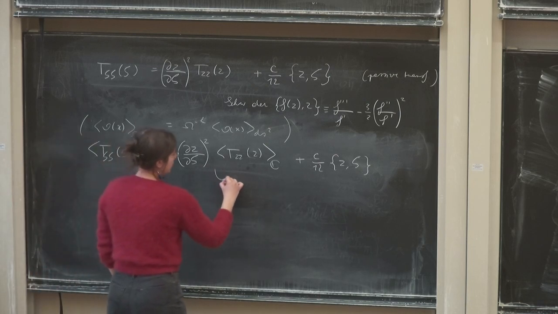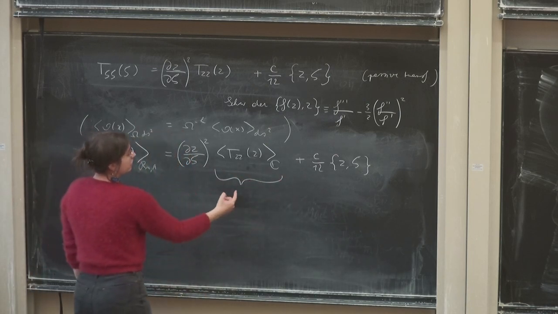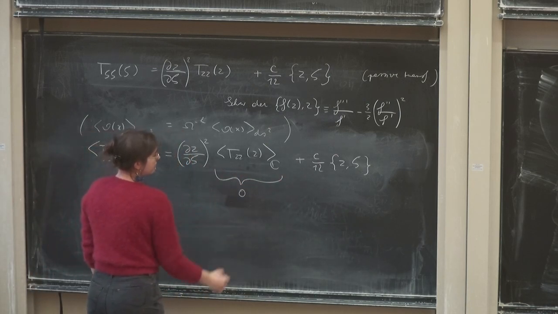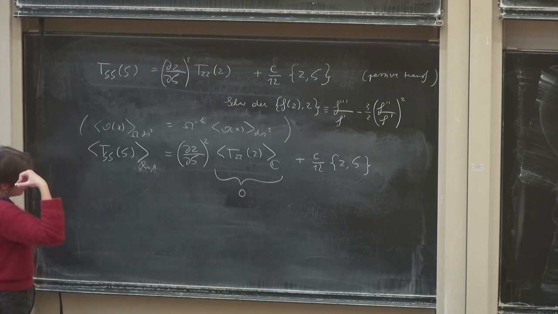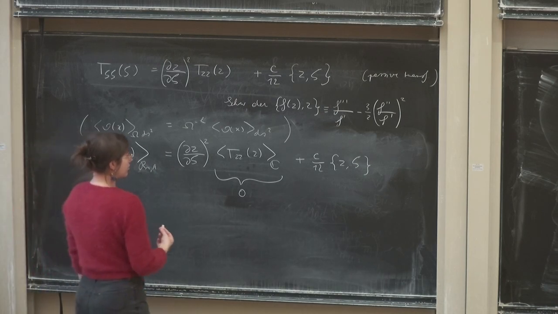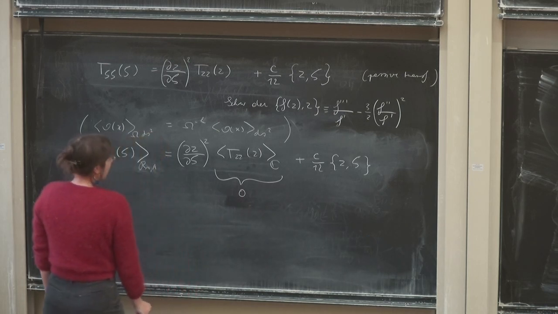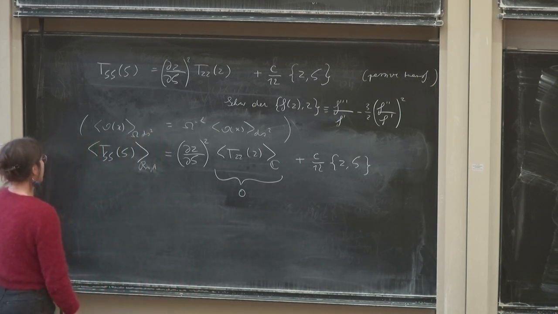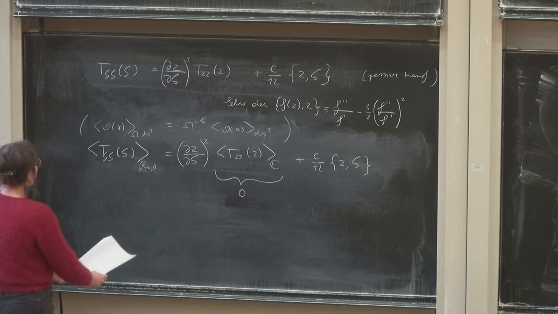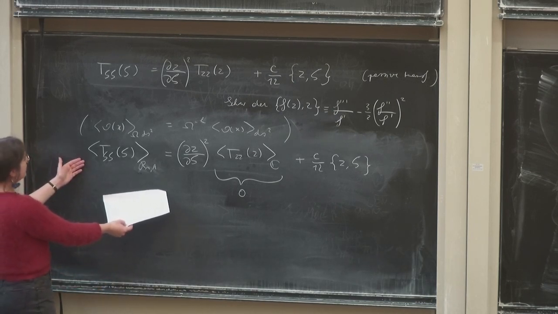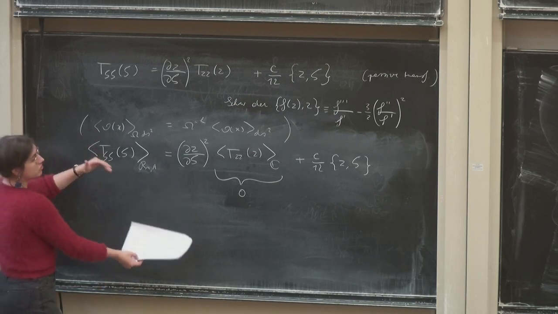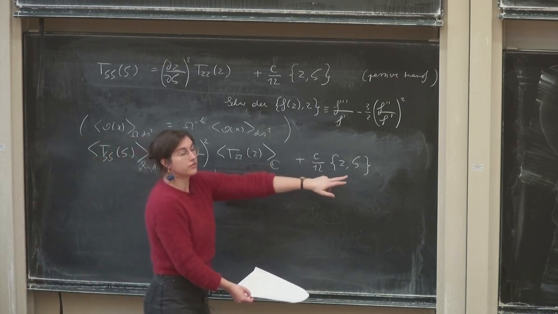So now we're ready to use this trick. We know that the stress tensor on the plane vanishes, the expectation value. This is just because of translation and rotation invariance. And then we're left with this simple statement that this expectation value is just equal to c over 12 times the Schwarzschild derivative.